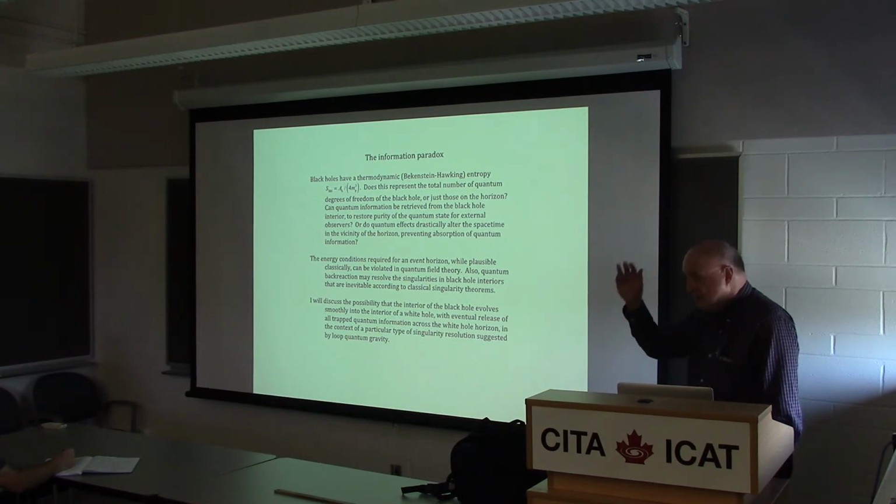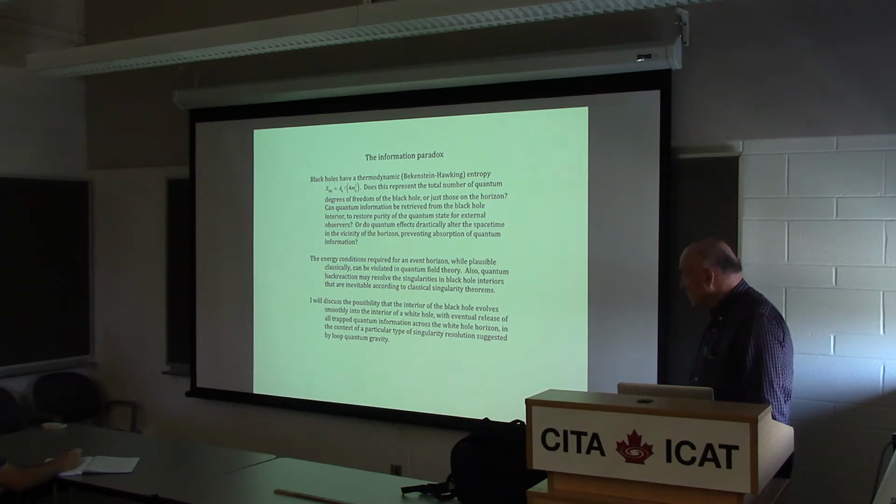Everything has to go out to larger radius, and then the white hole has a horizon which things can flow out of, and so if the quantum information flows out of the white hole horizon in some way, that could resolve the information problem. And if you started from a pure state, it could restore the pure state.